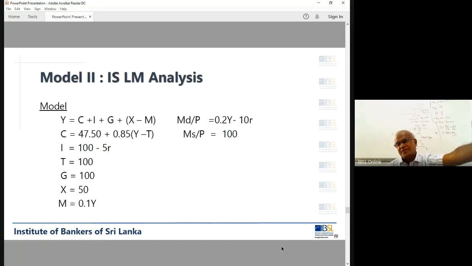These days, what is happening? These economies are shrinking, with negative growth rates. Then what will happen? Demand for our exported items will go down. That's a very serious issue, right?